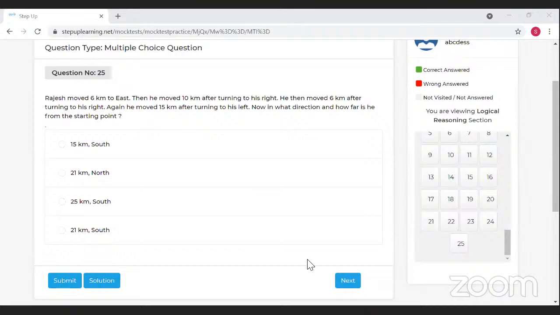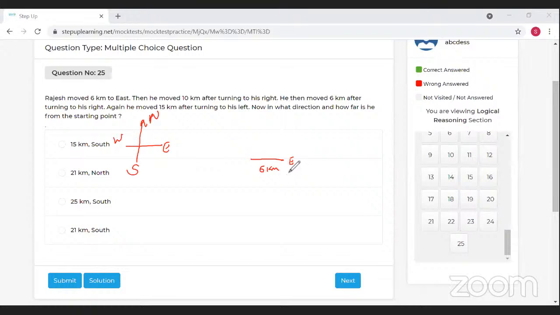Rajesh moved 6 kilometers to the east. Like I said, this is north, this is south, east, and west. Rajesh moved 6 kilometers to east, and then he moved 10 kilometers after turning to his right. Where will his right be, up or down?